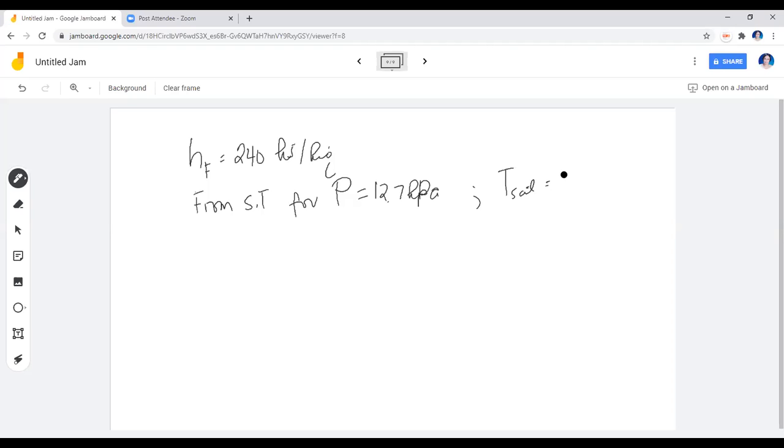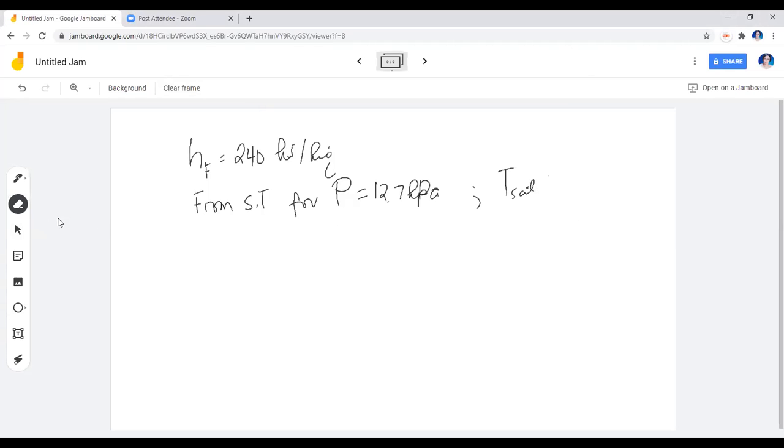To save us some time, I'll just approximate the temperature, the Tsat, to be, if this is 12.3, and I have here 51, probably 51. So I'll place approximation only because I don't want to interpolate.